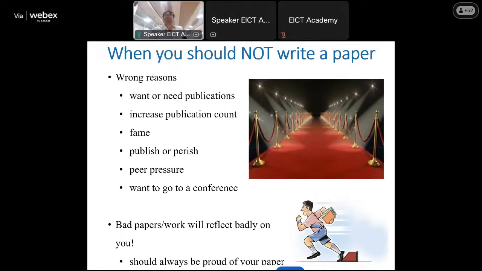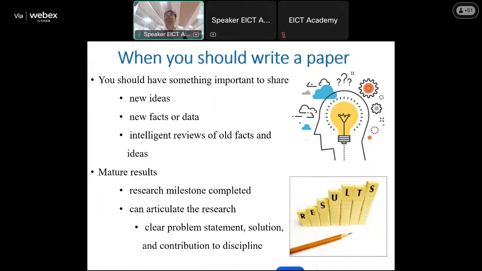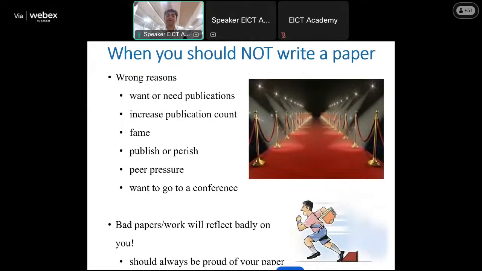Of course, being a PhD student, there is peer pressure on you to publish an article, but not only just for the publication. If you have whatever is mentioned in this particular slide, if you have this parameter or benchmark, then and only then can you think of publishing an article. If you don't have it, then try to achieve that benchmark first and then think.